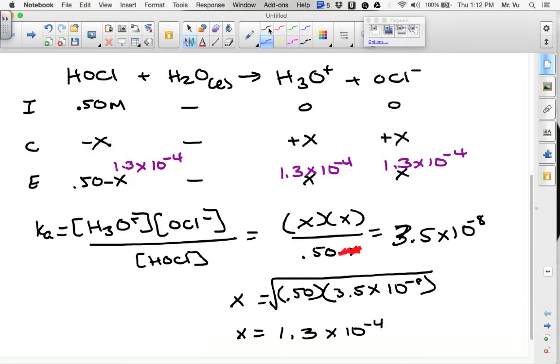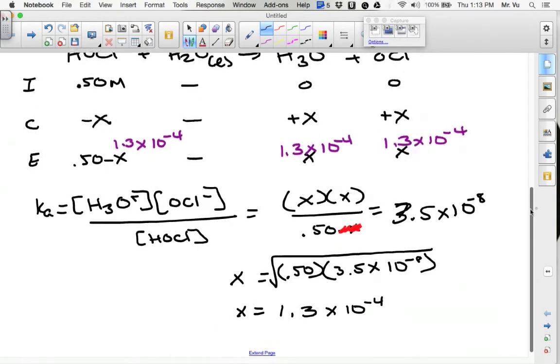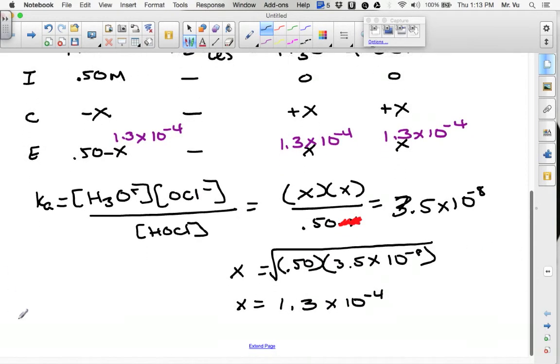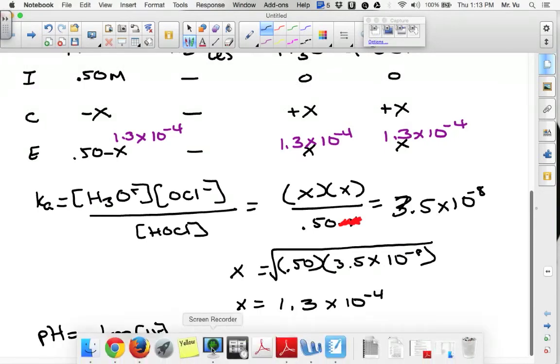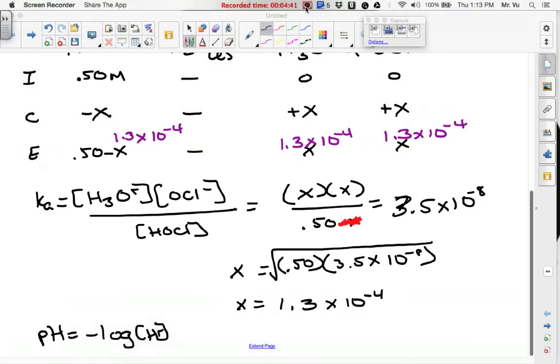So remember, the pH is the negative log of the concentration of the H plus ion or the hydronium. So pH is equal to negative log of the hydronium or hydrogen ion.